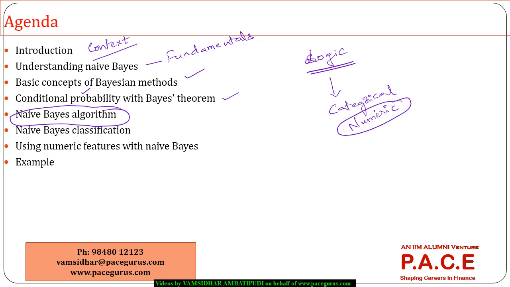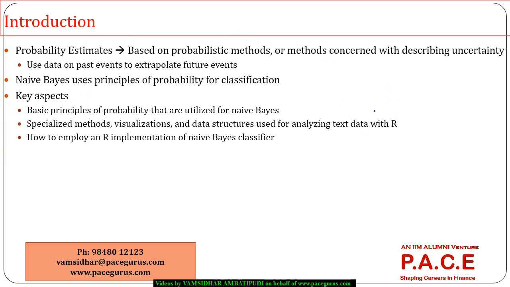Once the basic conceptual understanding is done, we'll take up an example. We'll take up a data set. We will try to train our model using the naive Bayes algorithm. We'll create a model, and then we'll test the model as well.